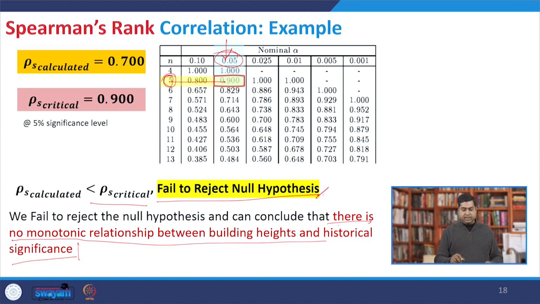In those cases, definitely you can see that the value is reduced to 0.8, even if it is not making any change in the decision for this data set. But if you go with more precise data like 99% confidence level or 1% significance level, then you have to compare it with the value of 1. So studying the table, referring the table correctly is equally important like the way you calculate the data.